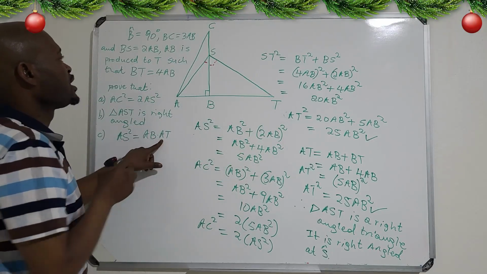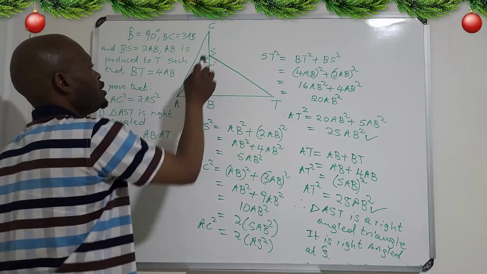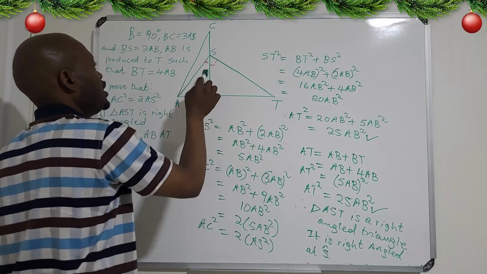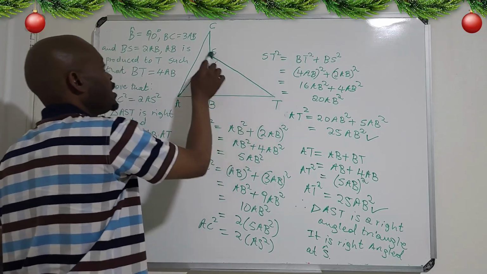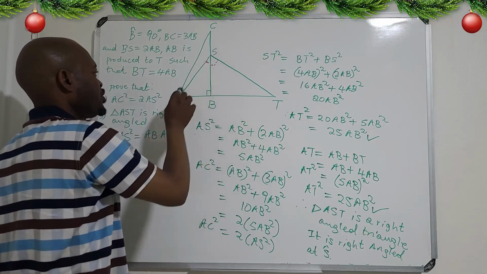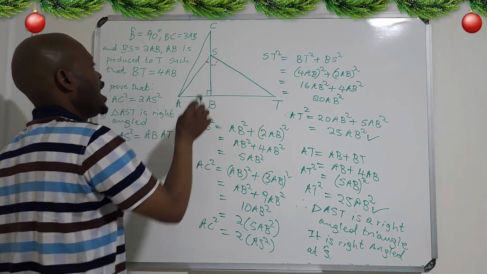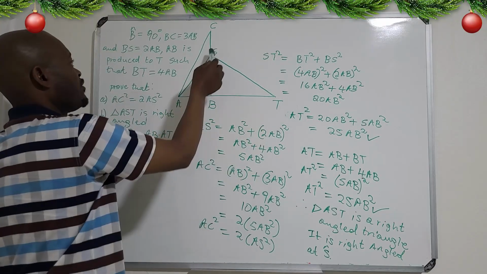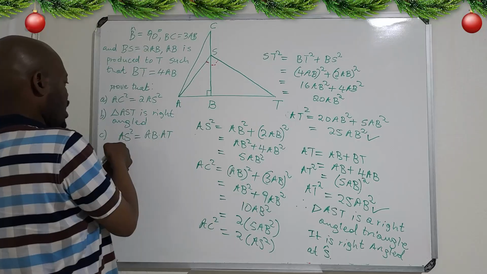So it means that I'm going to prove that this triangle and this triangle are similar, because I've got AS squared, okay?